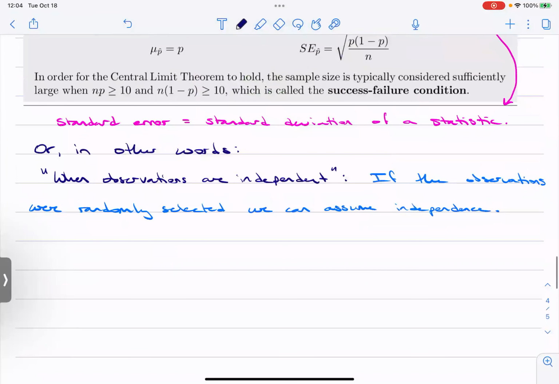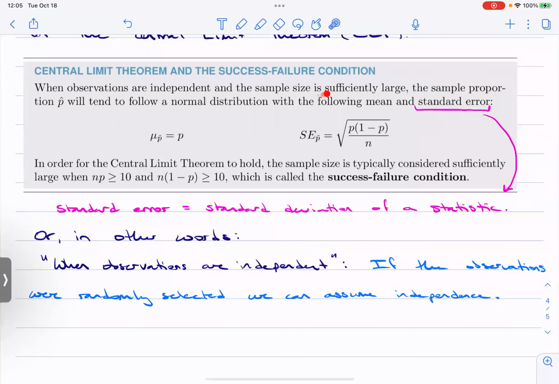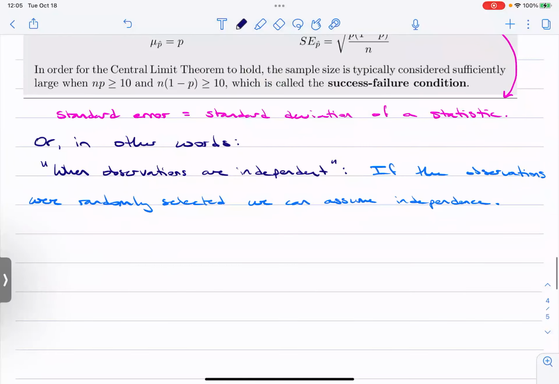What about the next part? And the sample size is sufficiently large.